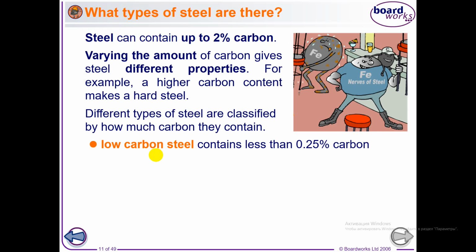Another group of low carbon steels is high strength low alloy steels. In addition to carbon, other alloying elements include vanadium, nickel, copper, and molybdenum. The combined alloyed content is up to 10%. As a result, they have higher strengths than plain low carbon steels, of around 500 megapascals, without compromising ductility and machinability.